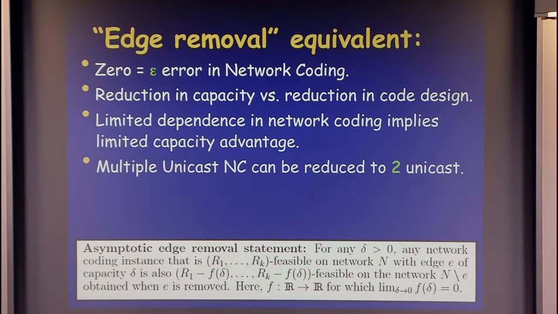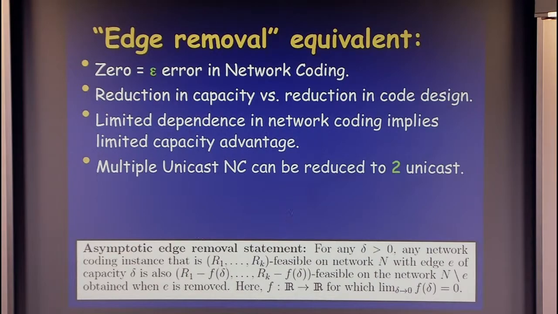And you didn't see this, but this edge removal statement turns out to be not only connected to the 0 versus epsilon error condition, not only to the fact that we can connect between reduction in capacity and reduction in code design for index coding, it also is connected to the difference between communicating over a network with dependent sources and communicating over a network with independent sources.